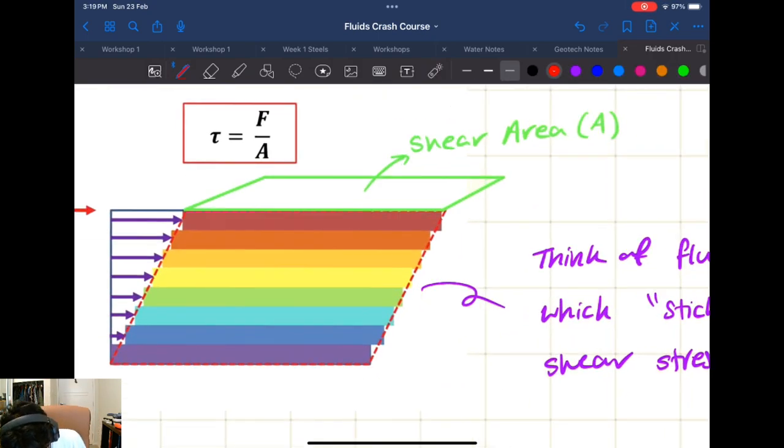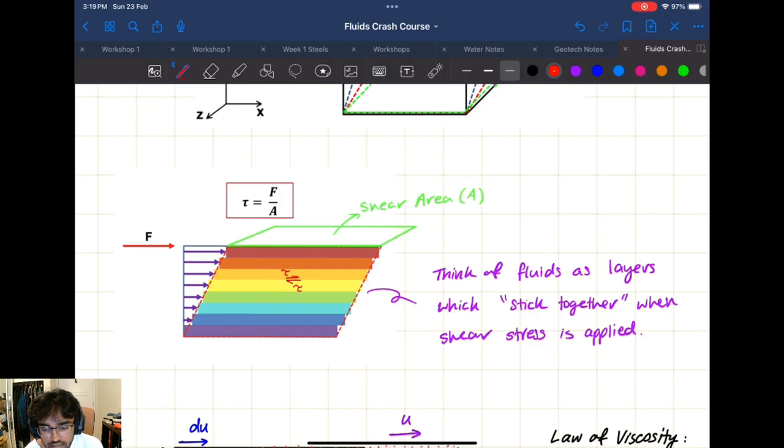There'll be some shear stress here that's induced because the fluid is moving, so it's shearing between these layers. That's pretty much what viscosity is: the resistance to flow.